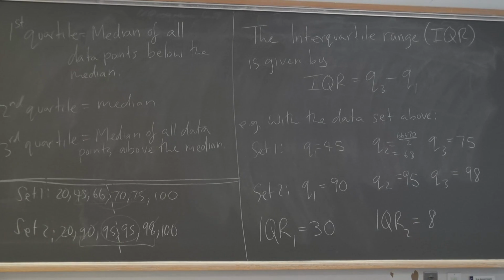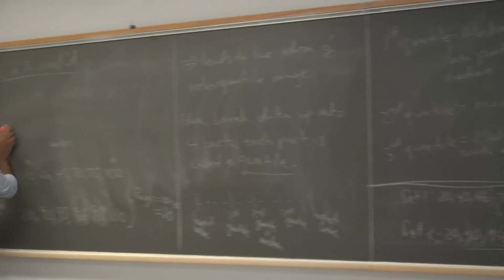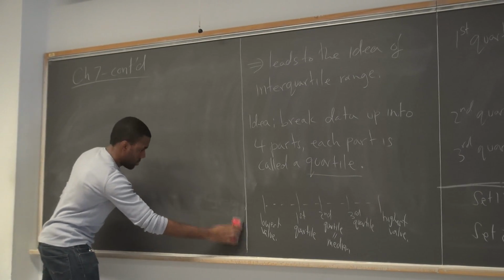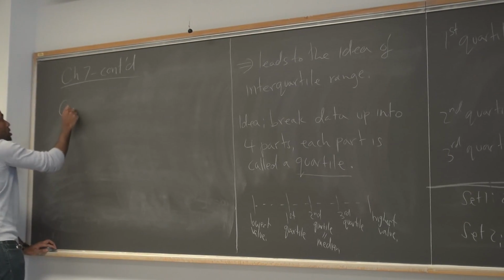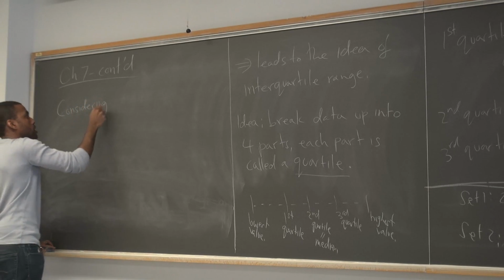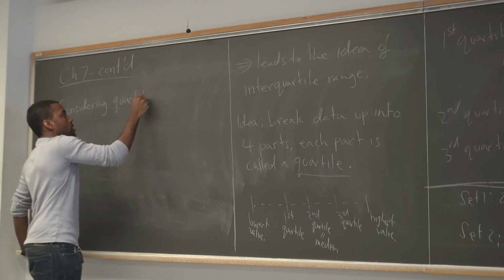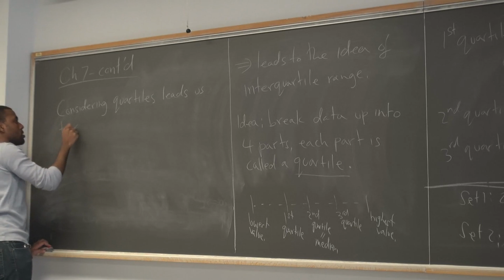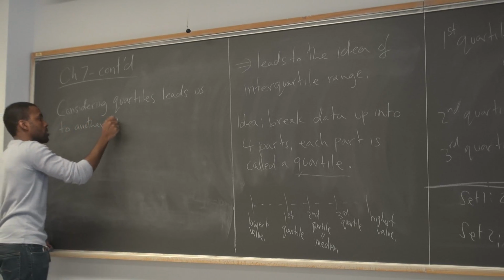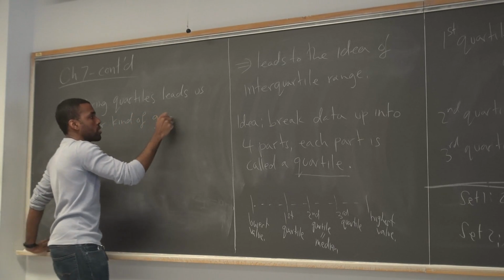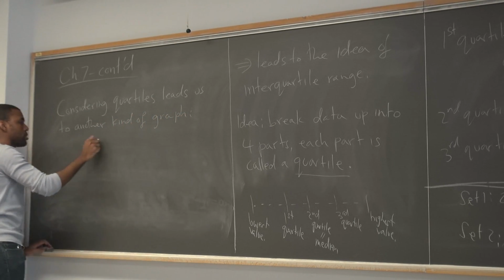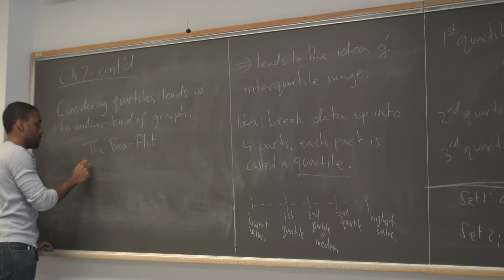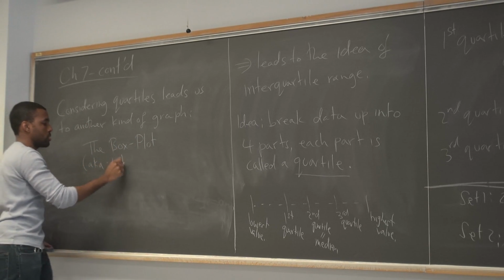And talking about quartiles leads us to another kind of graph, which is a very famous kind of graph. It's called the box plot, aka the whisker plot.